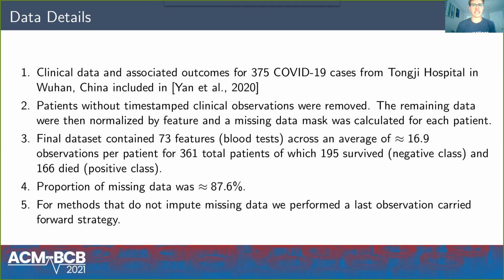The final data set contains 73 dynamic features across an average of around 17 observations per patient, for a total of 361 patients, of which approximately half survived and the other half died. The proportion of missing data in our data set is 87.6%. For methods that we compare against that do not impute missing data, we perform a last observation carried forward strategy, which is used in that Nature paper.